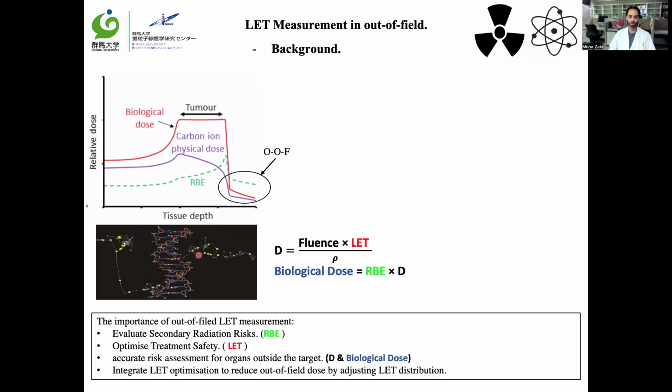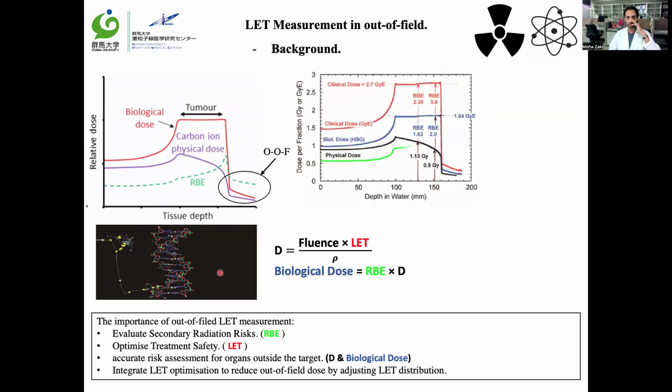And because high LET radiation has a higher RBE, it increases the probability of DNA damage for these healthy tissues. RBE in carbon ion is growing with depth as the velocities of particles slow down.